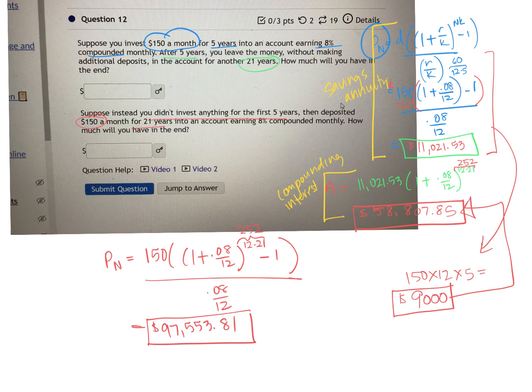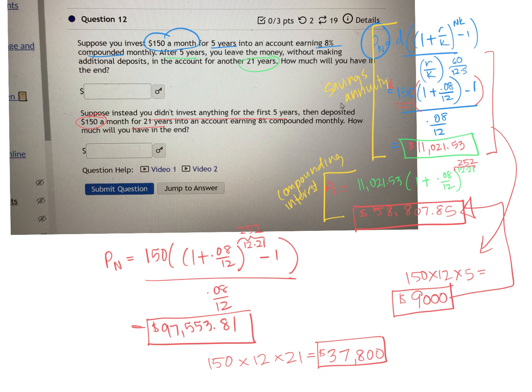Now with this other situation, it was $150 every month for 21 years. So when we deposit that, 150 times 12 times 21, we're putting in $37,800. We're putting in a lot more money.